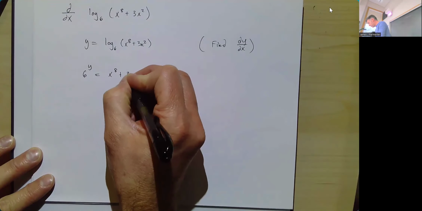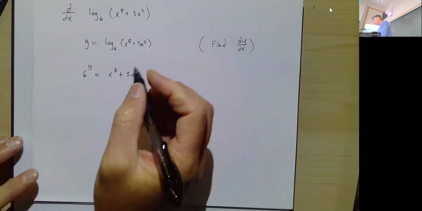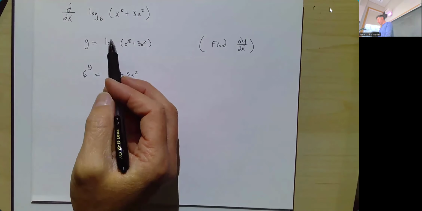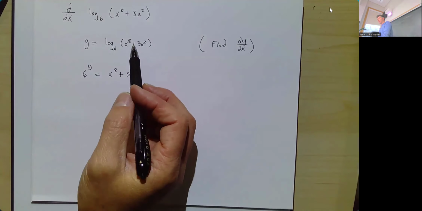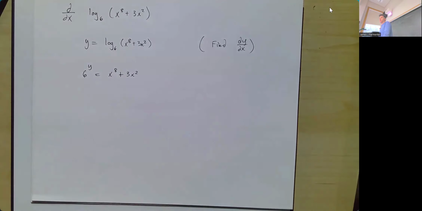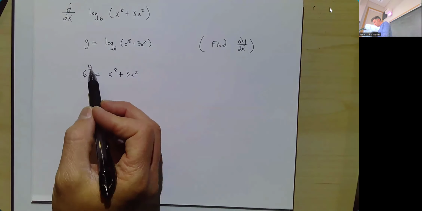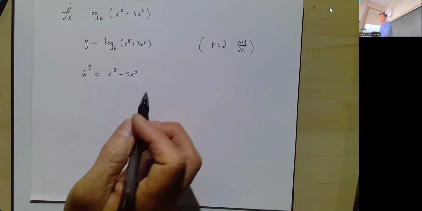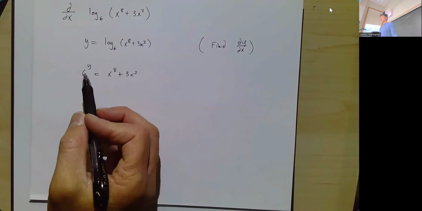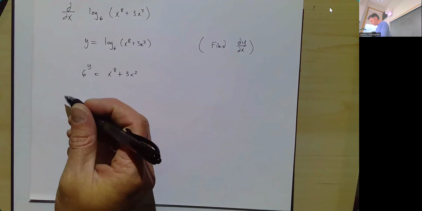Some people will say, I will say, a logarithm is an exponent. What they mean is that when you take the log base 6 of this, you get the exponent that you would need to get from 6 to that. So 6 to the thing you're looking for is equal to x to the 8th plus 3x squared. And now we're going to differentiate both sides. We just learned how to take the derivative of 6 to the y.